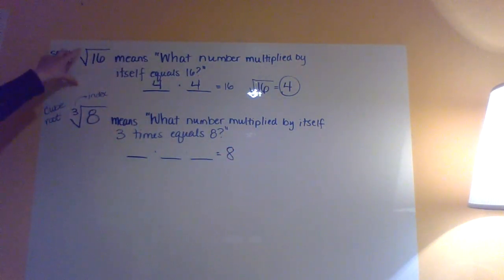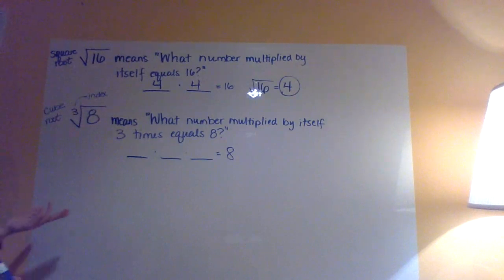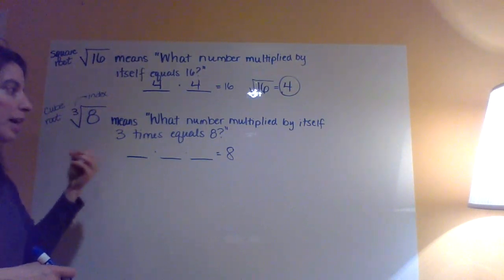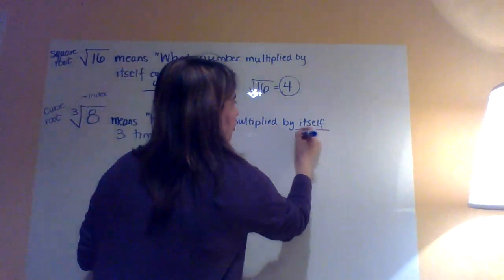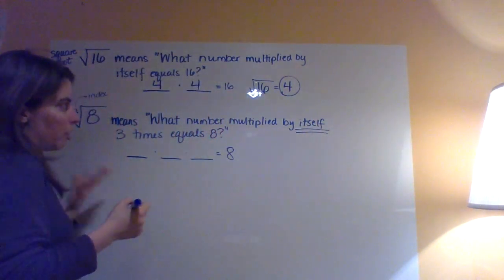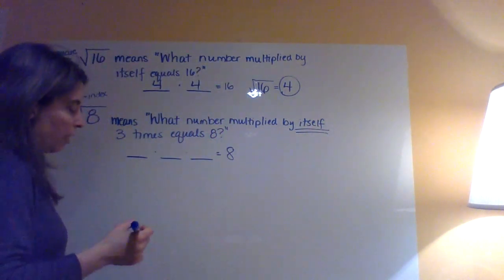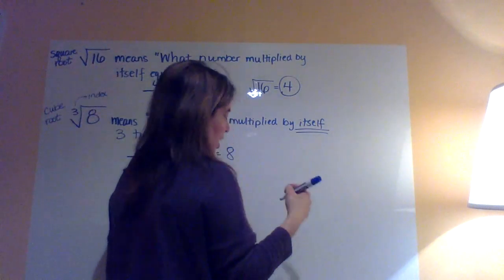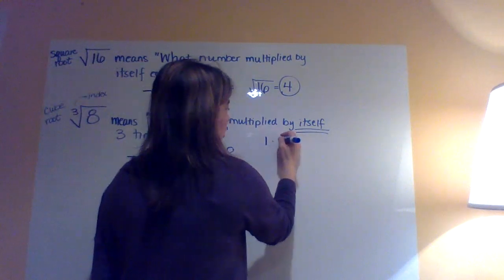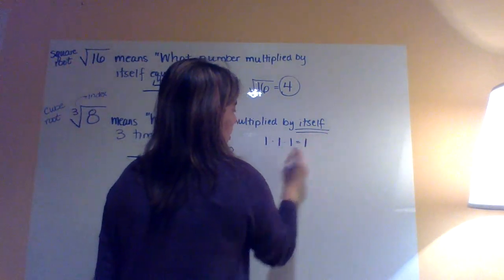Now a square root, if you think about it, is kind of like having a 2 there, because I multiplied this twice. But the 2 is just implied in a square root. So I'm not saying what times 3 equals 8. I'm saying what times itself 3 times. With cube roots, you might not know them, but we can figure them out on your calculator, which I'll talk about in a second, or we can just think, okay, what is 1 times 1 times 1?